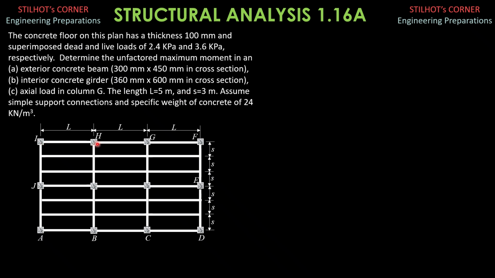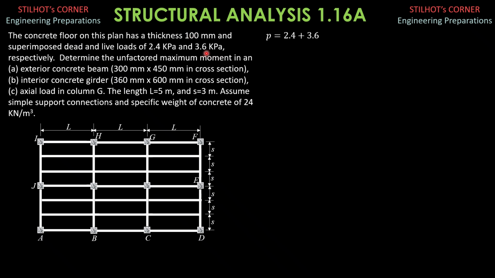And since this is the exterior beam, the load intensity for this trapezoidal loading would be pressure times S over 2, where pressure is equal to 2.4 kilopascals plus 3.6 kilopascals plus the uniform pressure for the concrete floor, which is specific weight 24 times 0.1 meter.